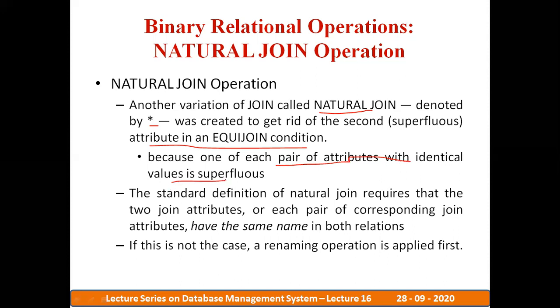The standard definition of natural join requires that each pair of corresponding join attributes should have the same name in both relations.